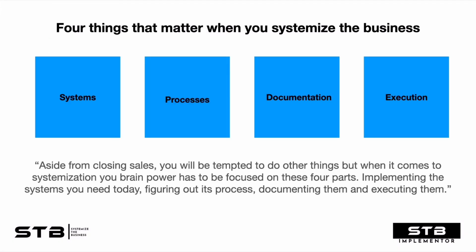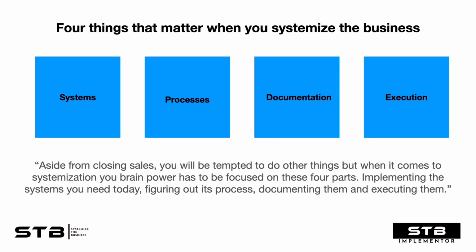And this is the last thing, just to remind you of the 4 things that matter when you systemize the business. I will keep repeating this because systemization is not something that's in the forefront of most entrepreneurs and business owners. To me, it's not a focus of theirs.